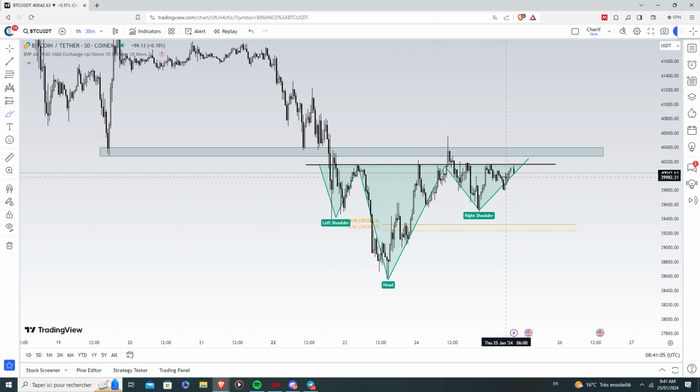So if we actually break above 40,200, know that there could be a good chance of seeing a continuation to the upside. Breaking this level of rectangle would be easy as hell as well.